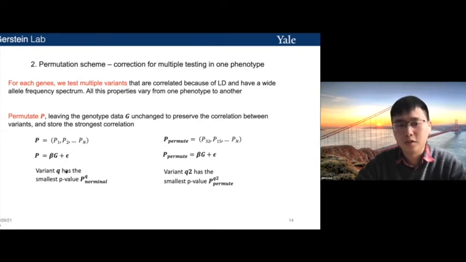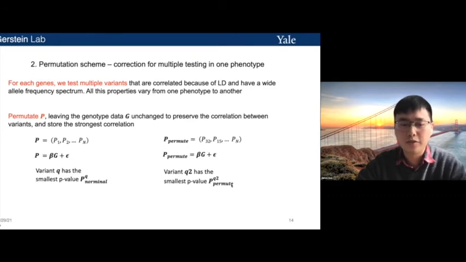Before, you had this variant Q that has the most significant p-value, called P nominal for this Q. Now using this permuted gene expression level, you could find another variant, Q2, doesn't matter, but it has another most significant p-value, the so-called P permute.